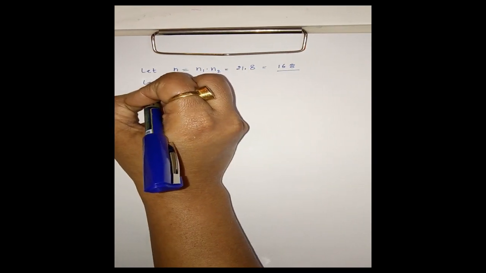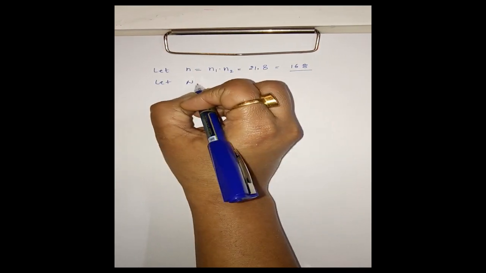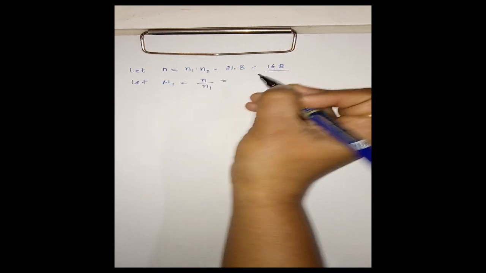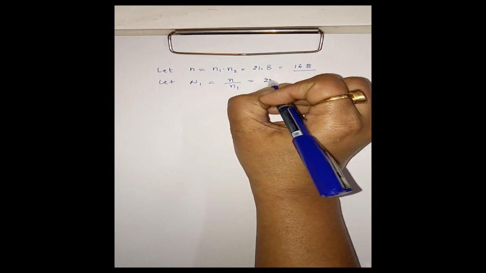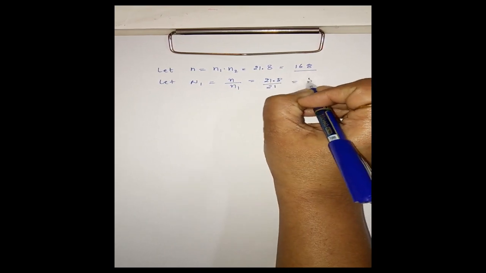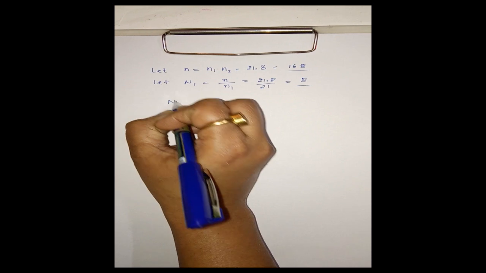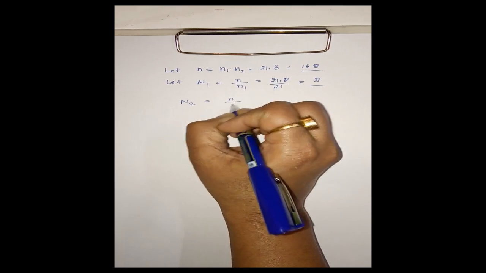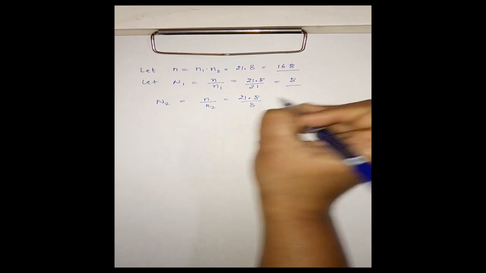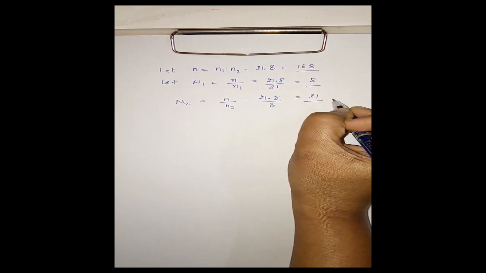Next, we define capital N1, which is n divided by n1, that is 21 into 8 divided by 21, that is 8, and capital N2, that is n divided by n2, is equal to 21 into 8 divided by 8, which is equal to 21. Clear?